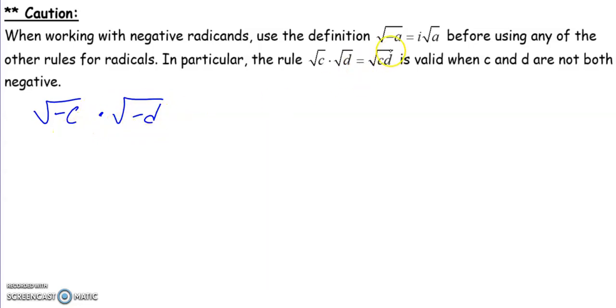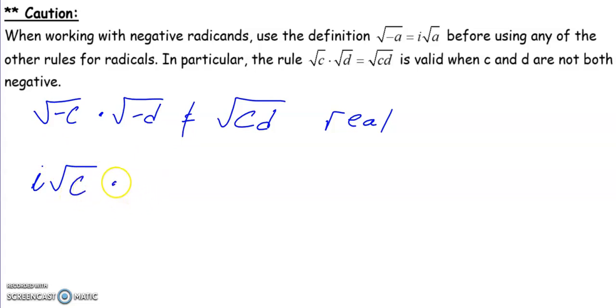if you were not to apply our negative radical rule, that would give you the square root of CD, and that is a real number. Well, we're not going to do that because here we've got these imaginary numbers. So that's not true. What we're going to do instead is turn this into an i, and that's going to be radical C times i radical D. So then that's going to give me i times i, which is i squared, times the square root of CD.